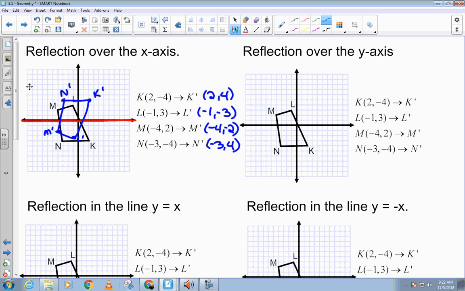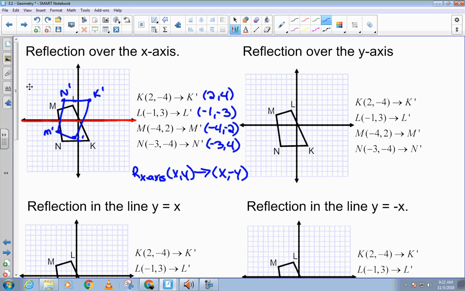If you reflect over the x-axis, get your x and y coordinate, your x stays the same and your y changes signs. So it's the opposite coordinate that changes signs. You can do it by graphing like we did here. You can use the rule for the coordinates. You really need to understand both.